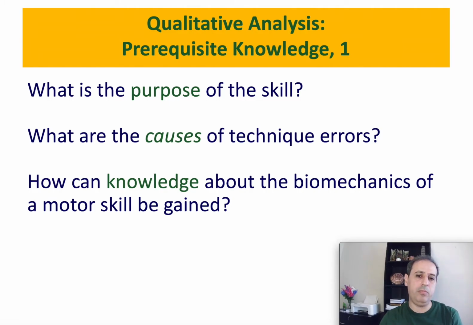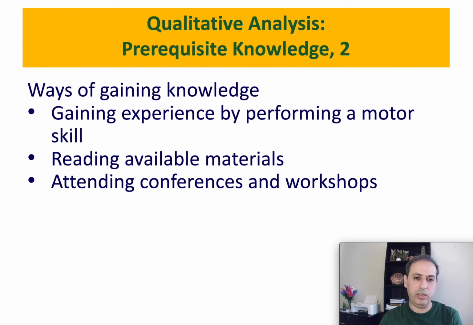The purpose and the cause come with experience and training about the knowledge. So how can we get knowledge? Let's look at ways to gain knowledge. If you are a biomedical engineer interested in studying people who play volleyball, you want to study their injuries and then find better training exercises for them. So how would you learn about what is happening in volleyball?